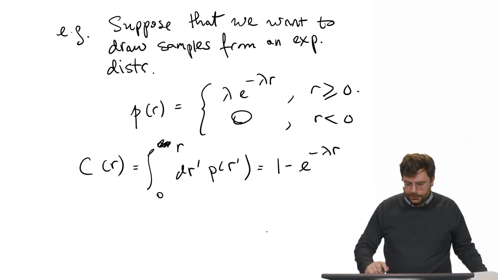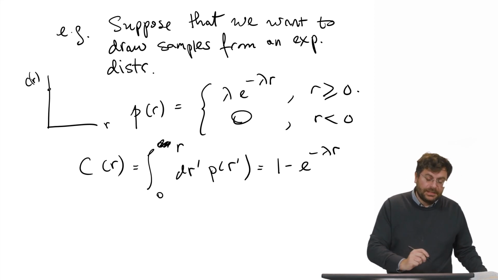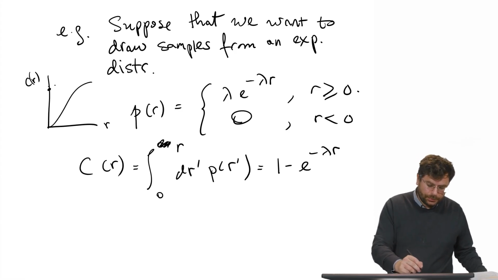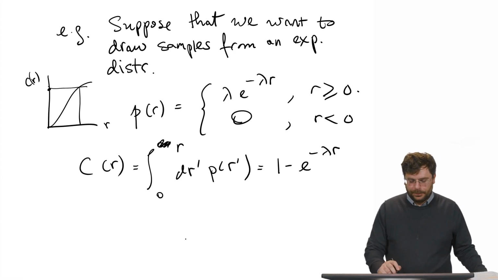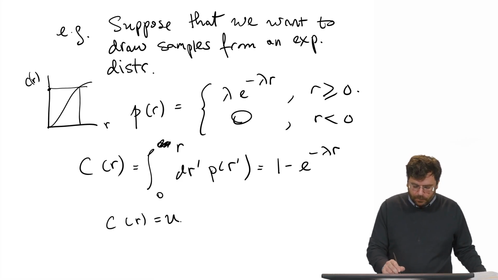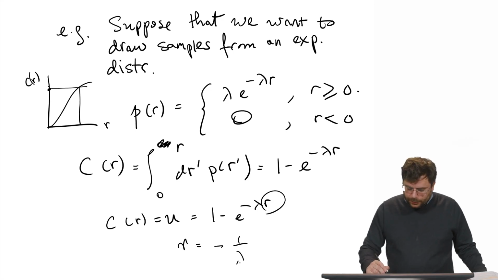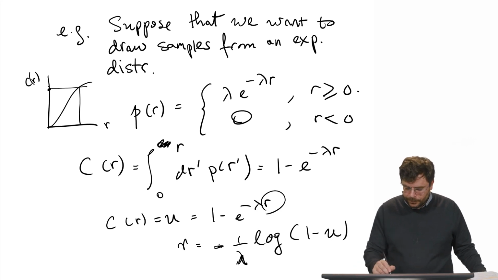Now here's what I'm going to do. Remember when I plot my C of r versus r, I set C of r equal to u, right? And then I try to find the outcome. So then if I set C of r equal to u, my uniform random variable that I've drawn, and then I try to find r, then I invert this equation, and I find that r is negative 1 over lambda log of 1 minus u.